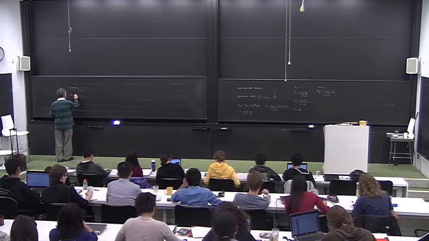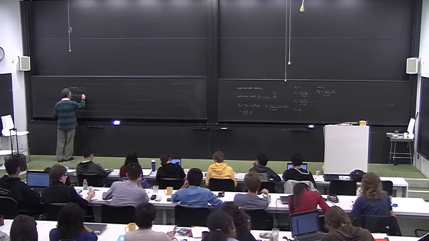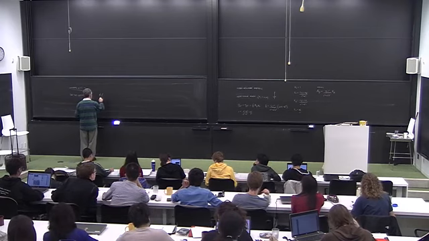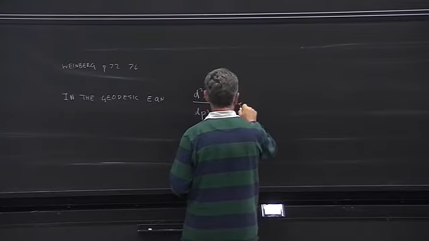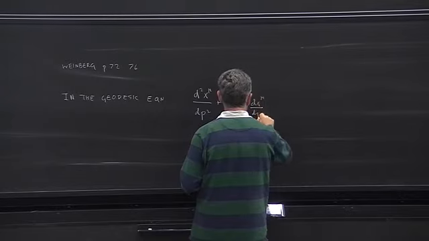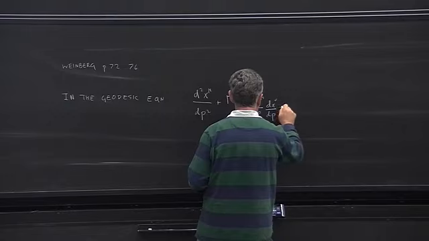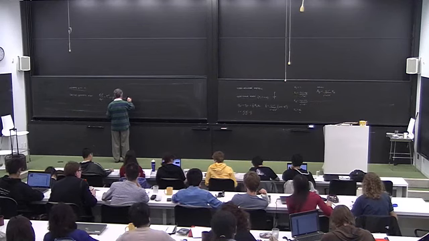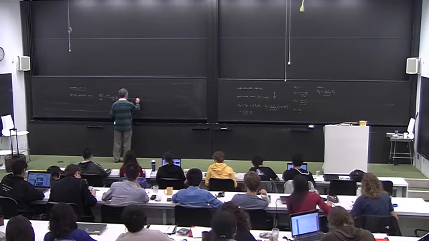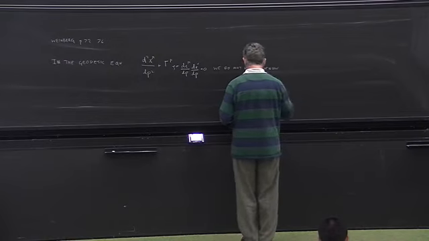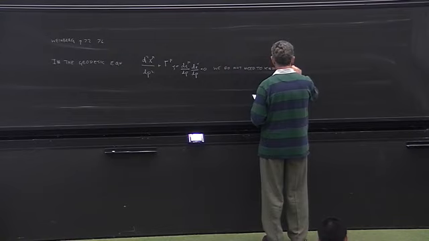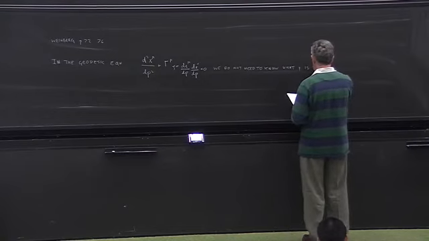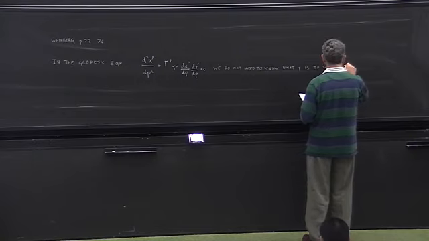And we note that in the geodesic equation, and I'm going to write it with some parameter p, we do not need to know what p is if all we're interested in is to solve for x mu.